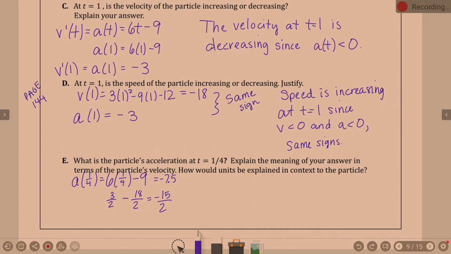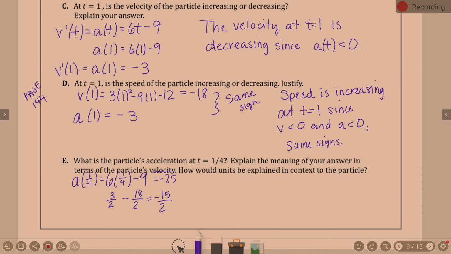Explain the meaning of your answer in terms of velocity. So what is the velocity doing here? Decreasing, right? Acceleration is negative, which means my velocity would have a negative slope at this point. So velocity is decreasing.